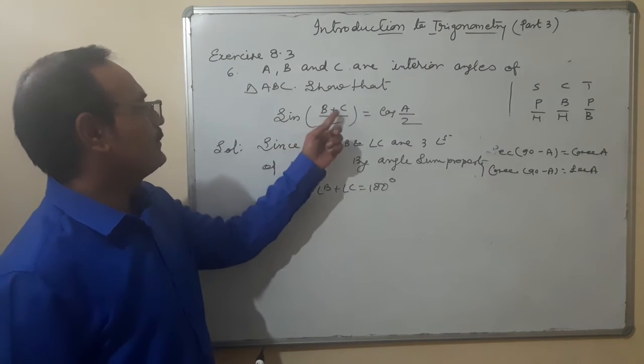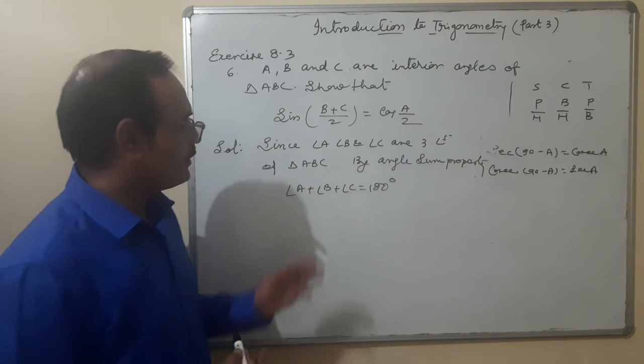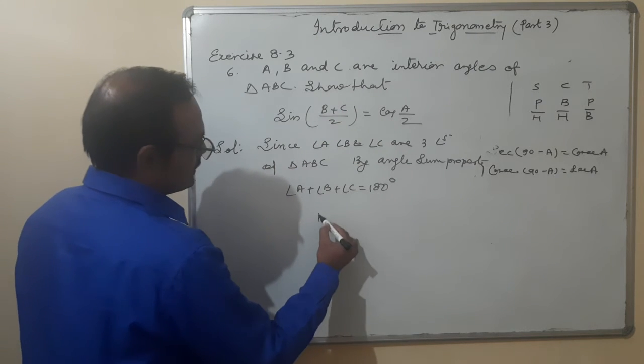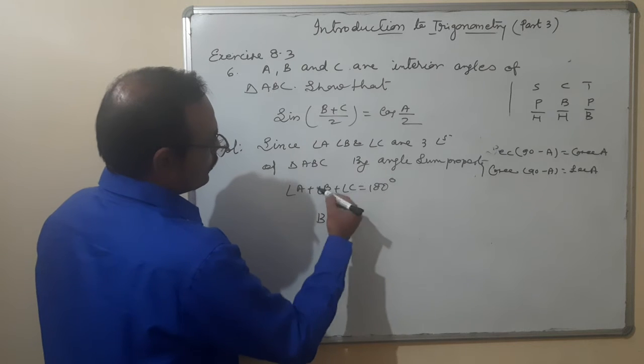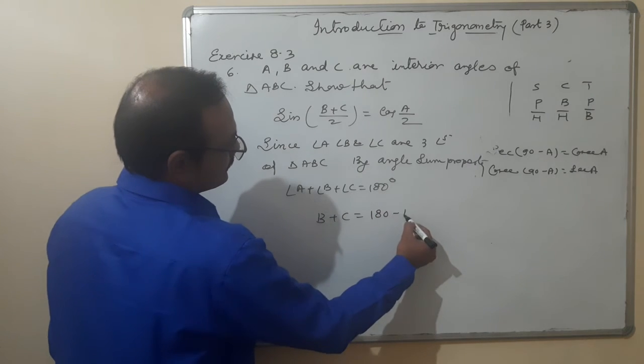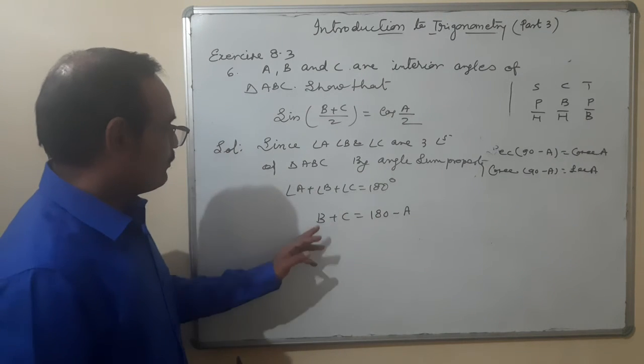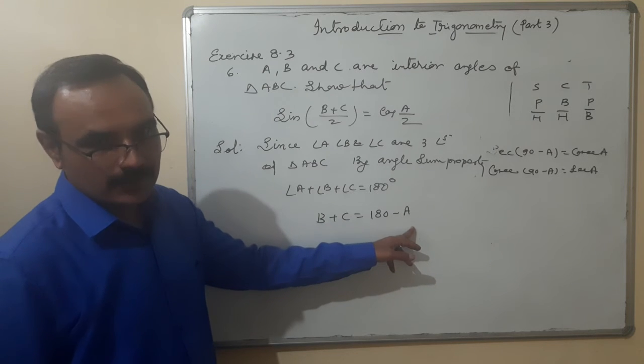We're going to prove that sin (B plus C) upon 2 is equal to cos A by 2. So when I write here, B plus C is equal to 180 minus A.